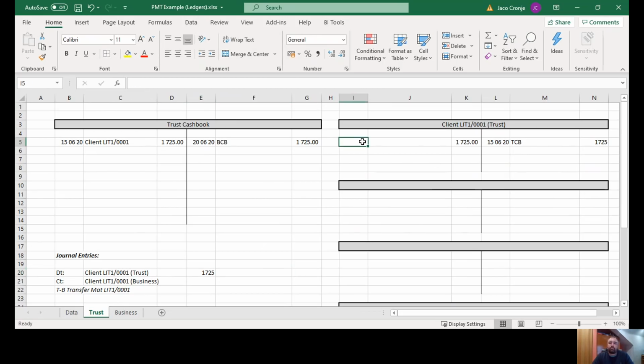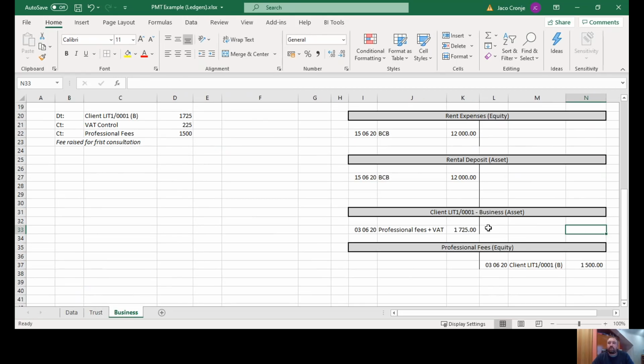So on the 20th of June 2020, my description is client LIT11 business. Then I go to business, and I'm going to say on the 20th of June 2020, my description of my contra account is client LIT11 trust, and 1725.